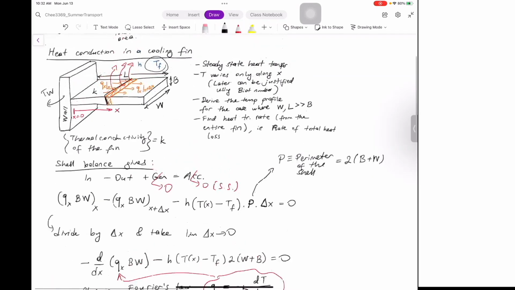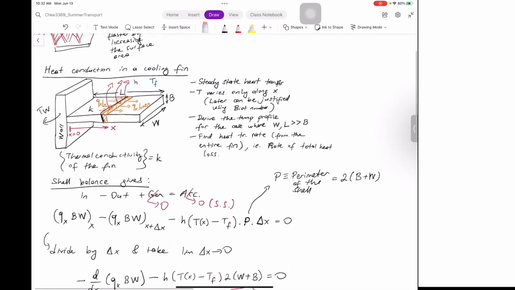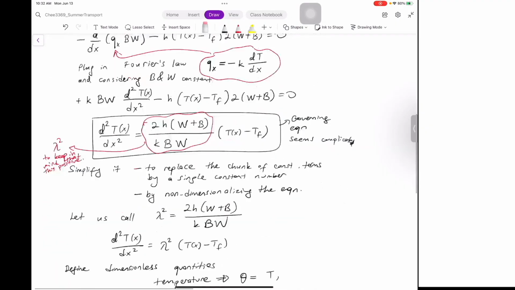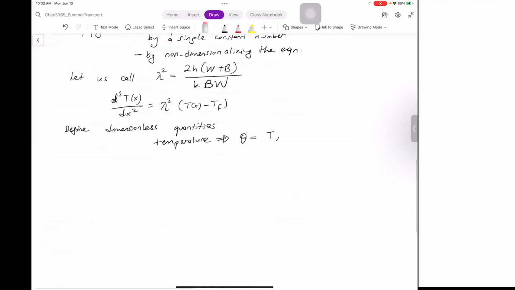So I'm going to generate this theta using T, the temperature at any point, and reduce the dimension using the TF and TW. So I'm going to construct something here. So watch for that.